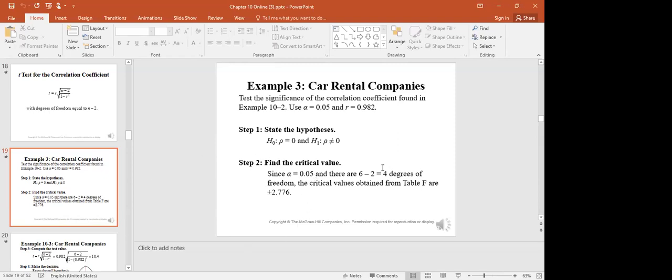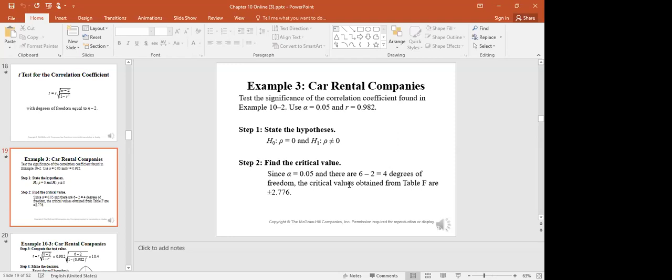If you are using the critical value as we did in chapter 8, you will have to go with the level of significance 0.05, degree of freedom 4. You want to find the test value using the table in your textbook, on page 652.